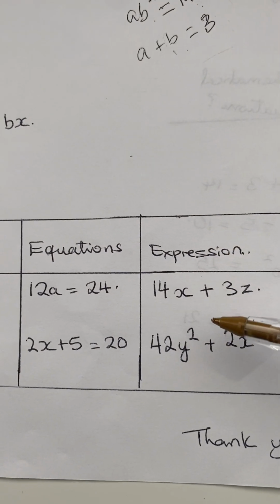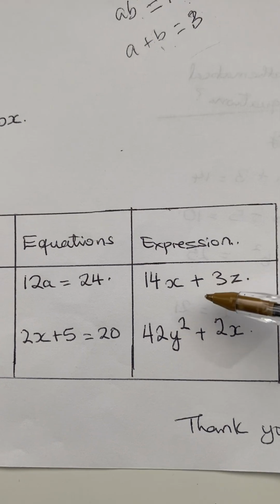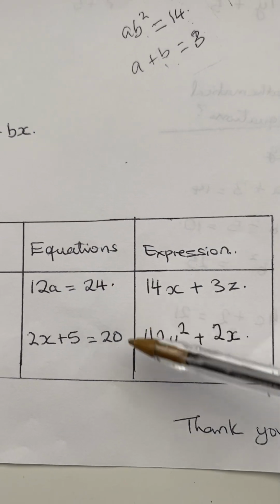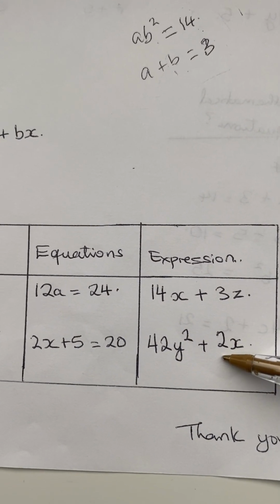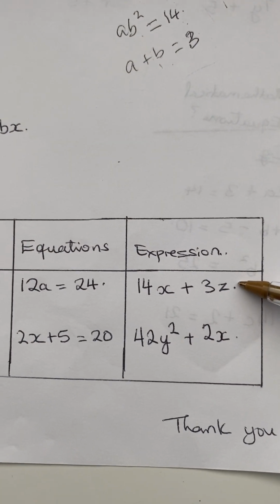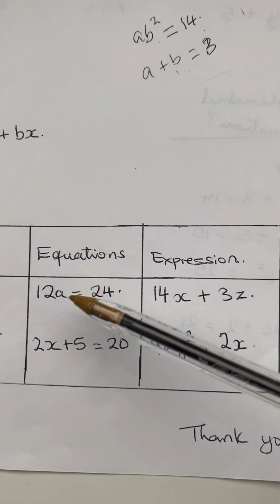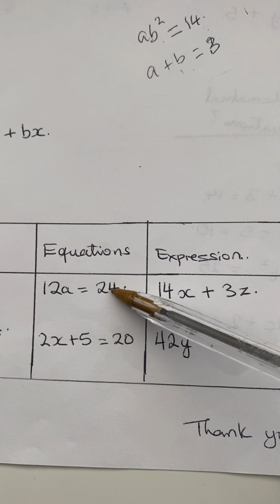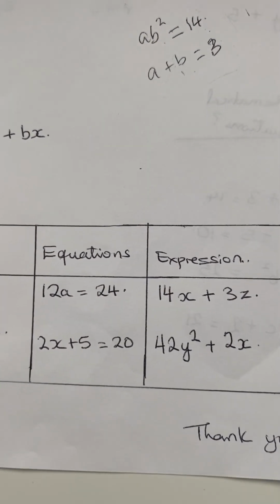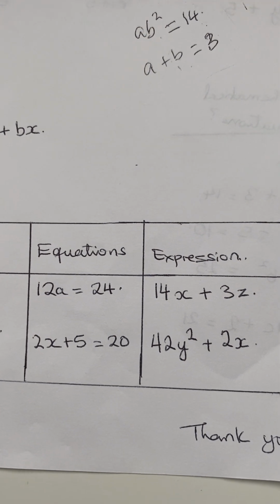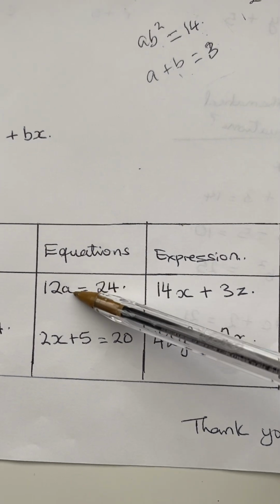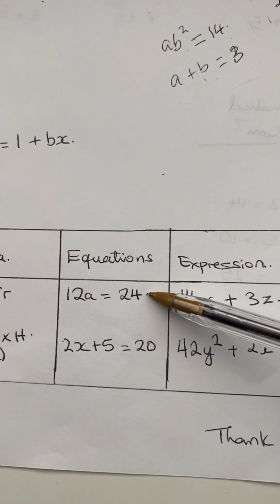We might have to do a bit more work and introduce some more stuff, but I'm trying to show you so that you don't get confused. So if you have this, it's an expression, you can't go any further. But if you have this, it becomes an equation, you can find a, or you can make a the subject, and find the value, because you have this equaling something.